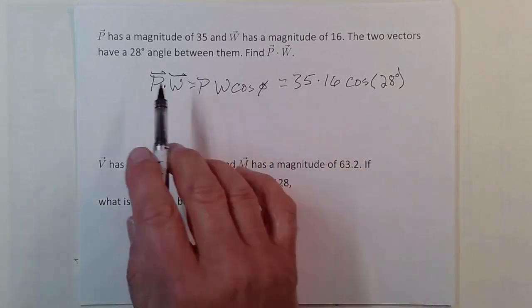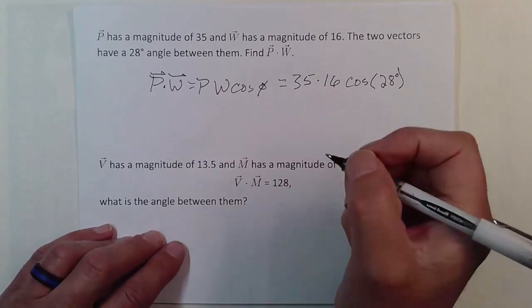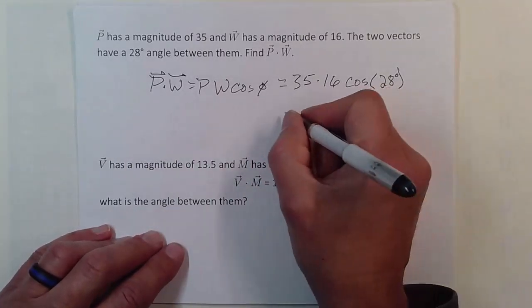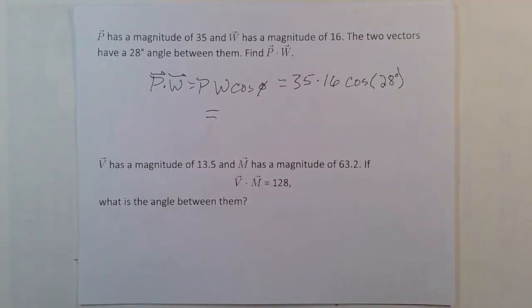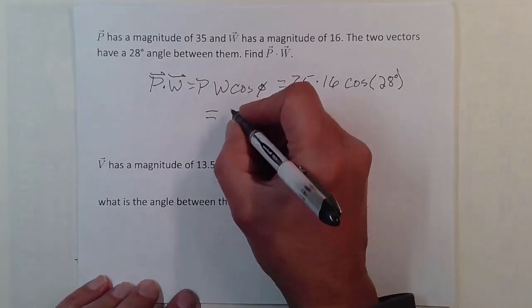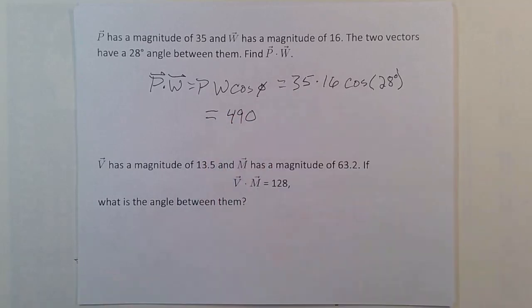You'd have to express 28 degrees in radians, but I'm just going to stick with degrees here. So anyway, in this case, this particular dot product is going to be 490. I can only keep two significant figures here, so for that particular dot product.